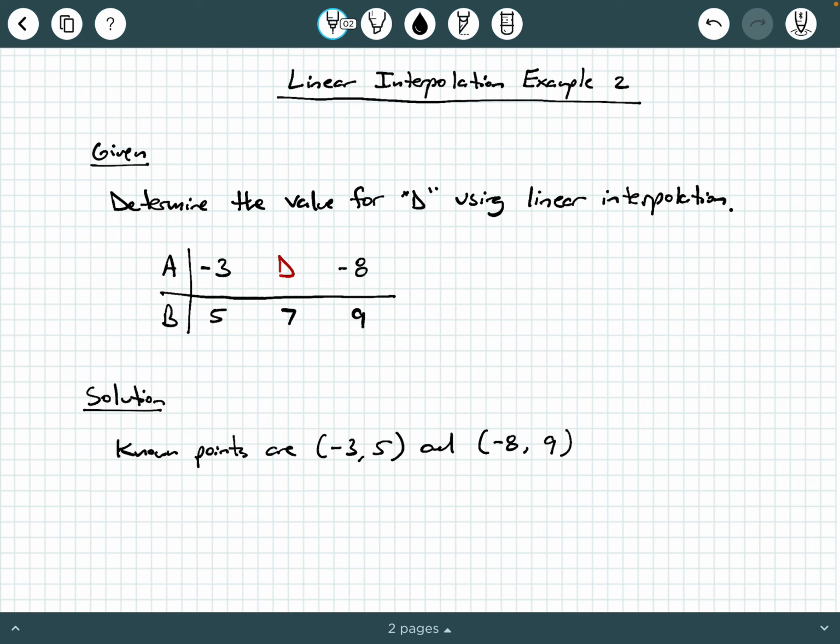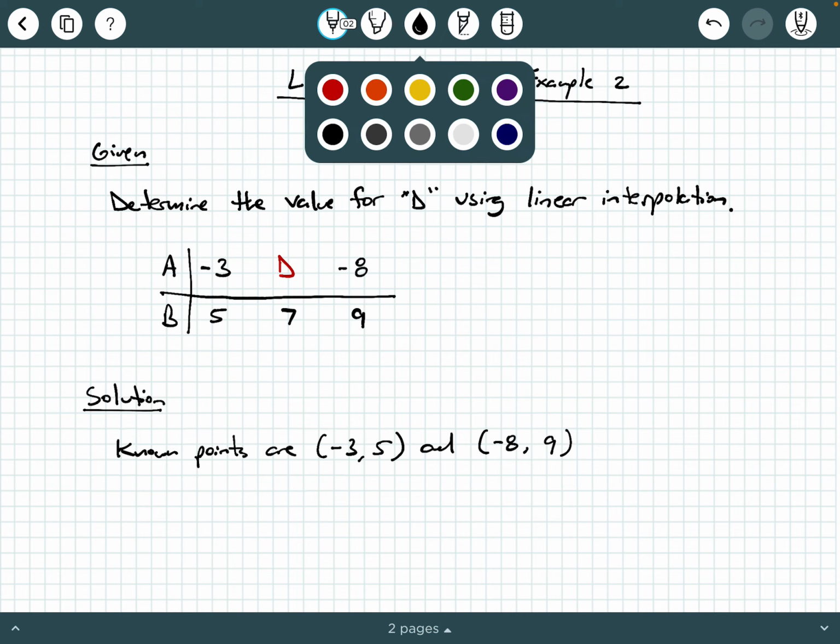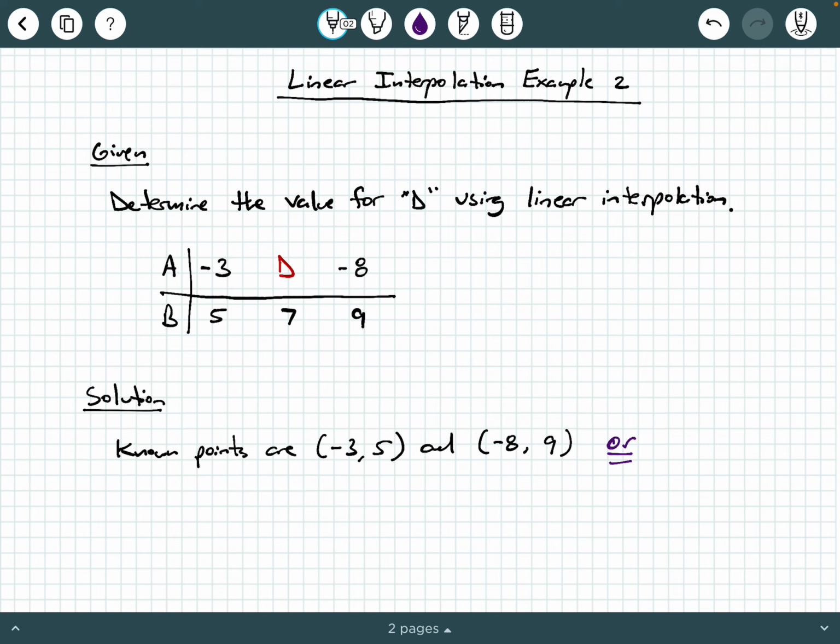I'm going to say known points are -3, 5 and -8, 9. That's fine. I'm going to put in purple here. I'm going to say, or we could think of this as known points of 5, -3 and 9, -8.